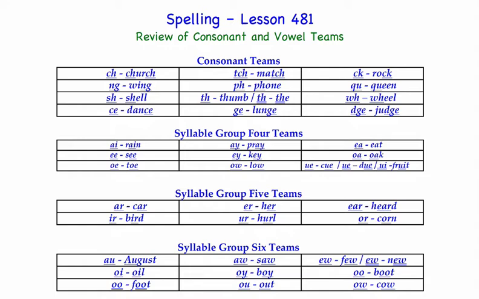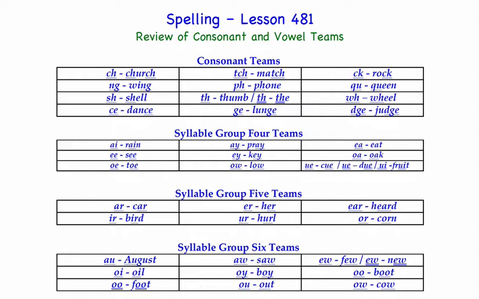Syllable group 5 is a vowel plus the letter R. AR represents the sound R. ER, EAR, IR, and UR represent the sound er and OR represents the sound OR. Vowel group 6 is when 2 vowels join together and the first vowel does not represent its long sound. AU and AW represent the sound AW.